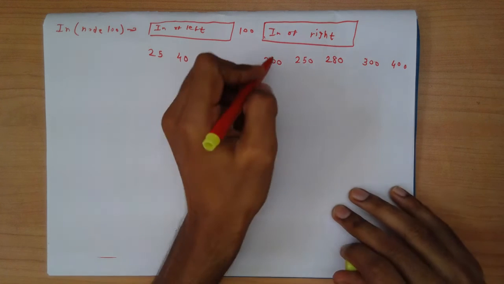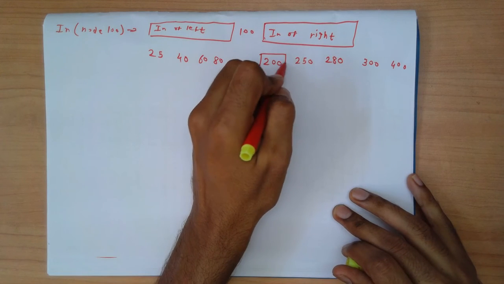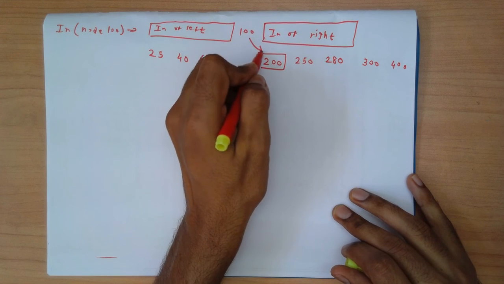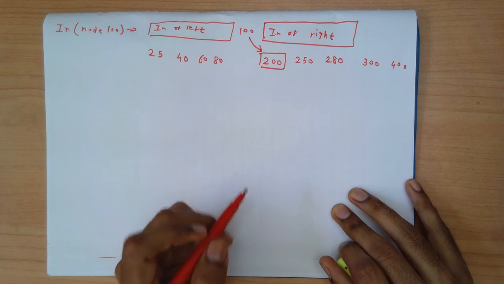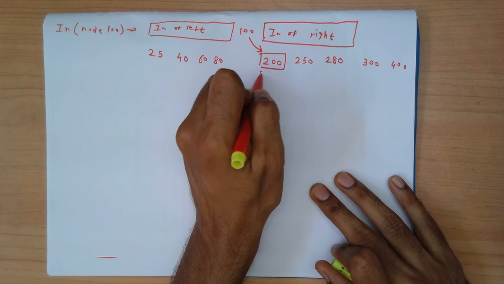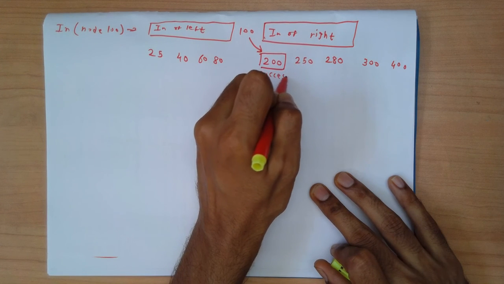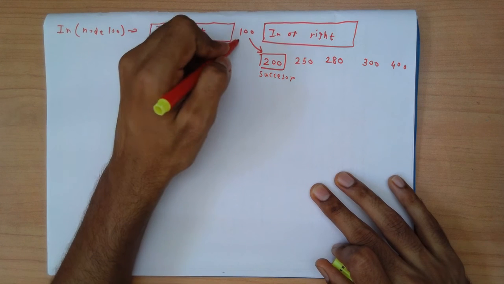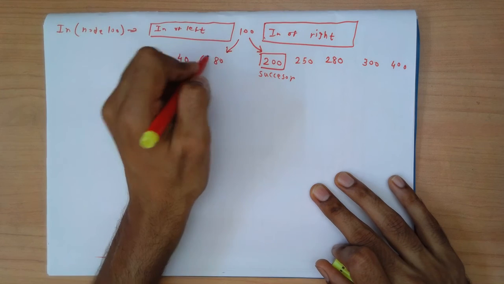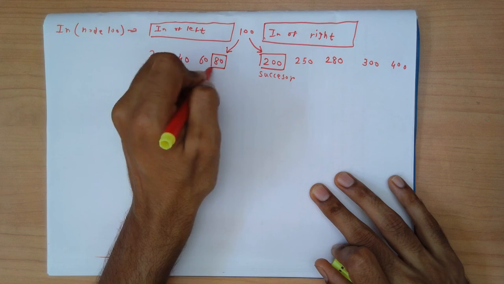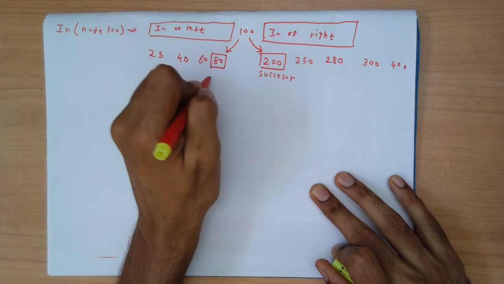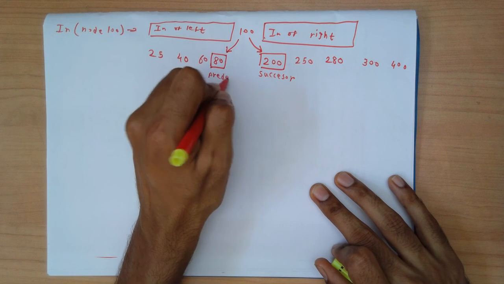A number that comes after a particular number in our in-order traversal, we'll call the successor. A number that comes before, we'll call the predecessor.